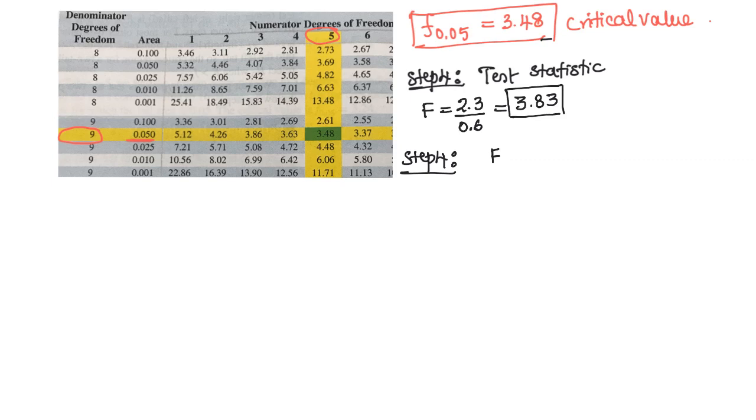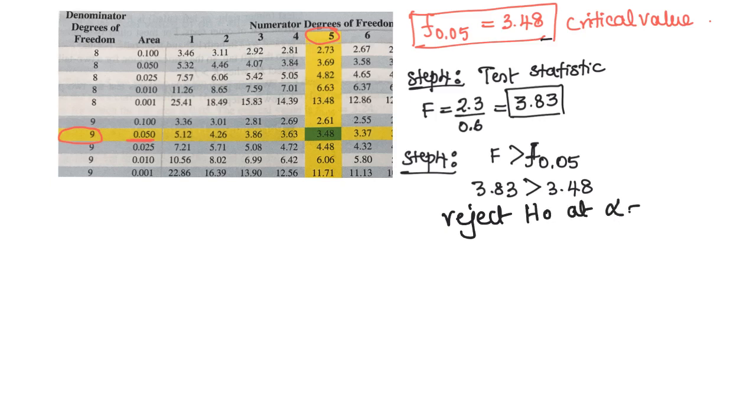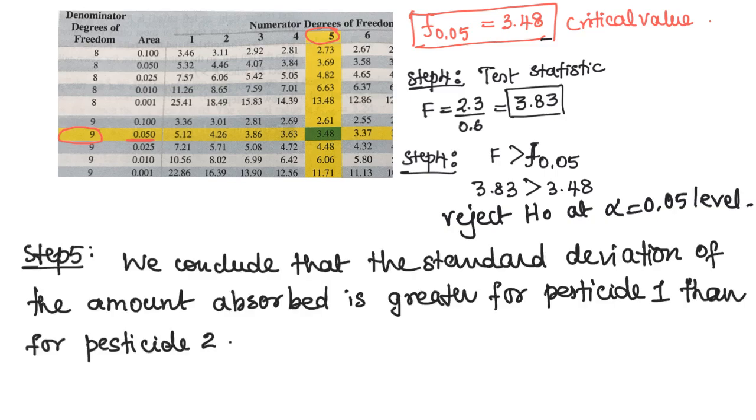So we will check whether F is greater than F of 0.05. The test statistic F is 3.83, which is actually greater than 3.48, right? So we reject the null hypothesis at the alpha equal 0.05 level. Now state a conclusion. We conclude that the standard deviation of the amount absorbed is greater for pesticide 1 than for pesticide 2.